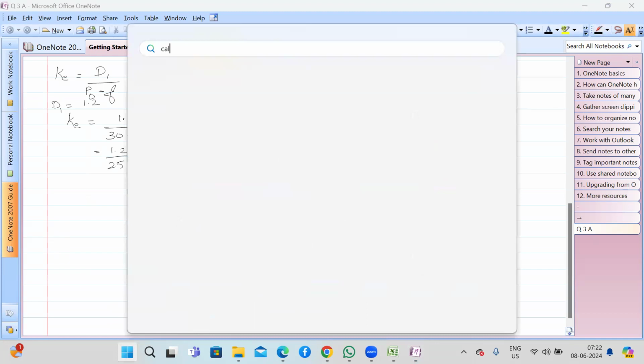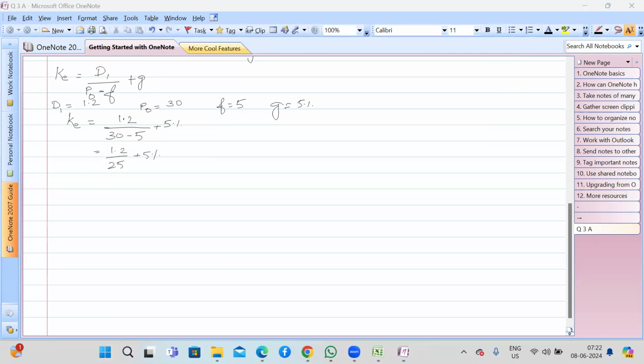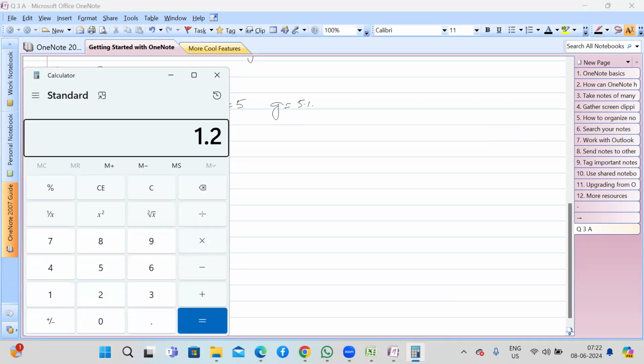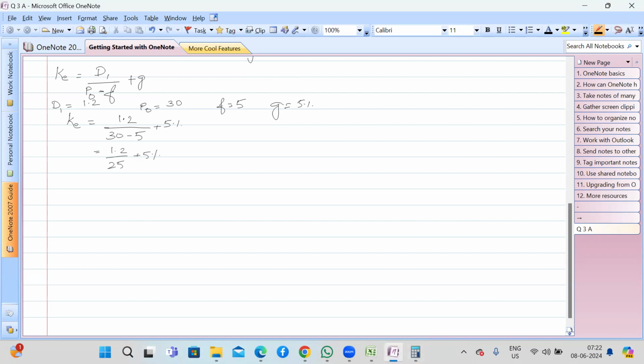1.2 divided by 25, I will be getting 0.048. So 0.048 plus 0.05, we will be getting 0.098.